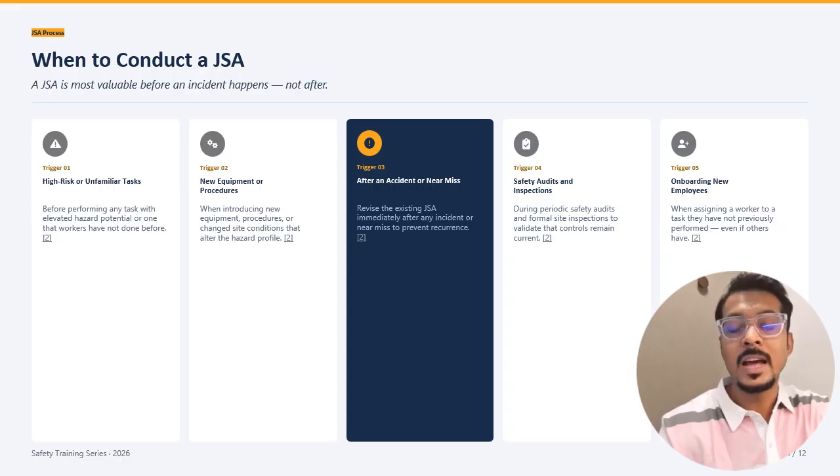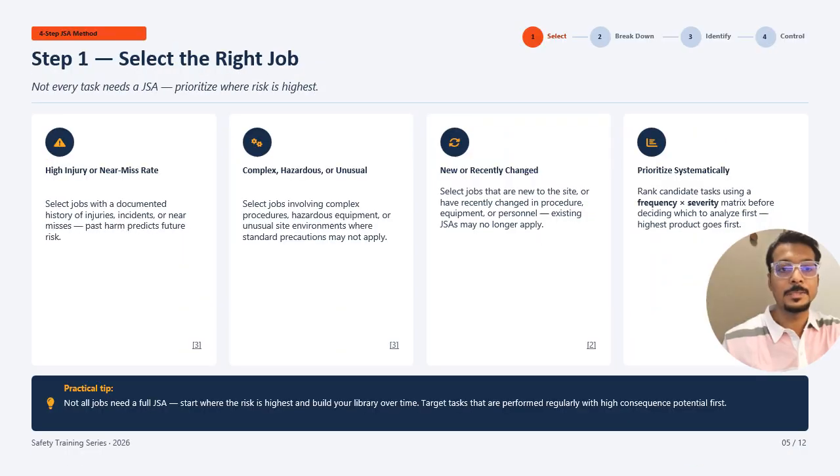Safety audit and inspection: during periodic safety audits and formal site inspections, validate that controls remain current. Onboarding a new employee: when assigning a worker to a task they have not previously performed, even if others have. In those conditions, we have to conduct a JSA.